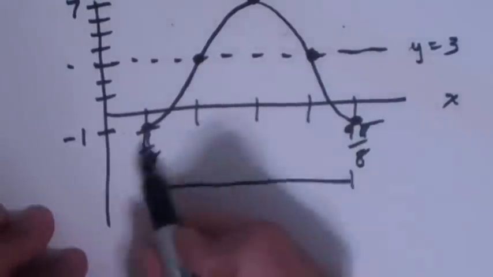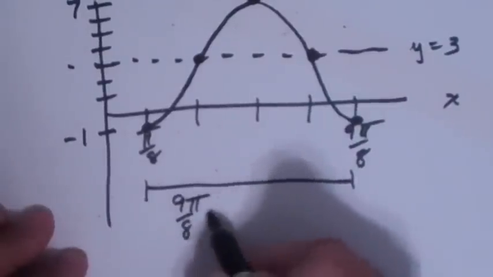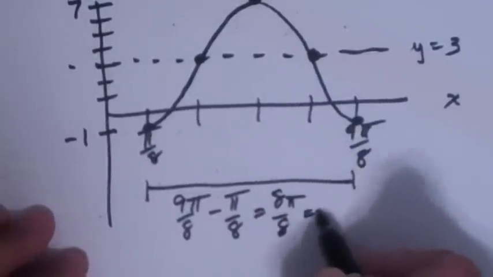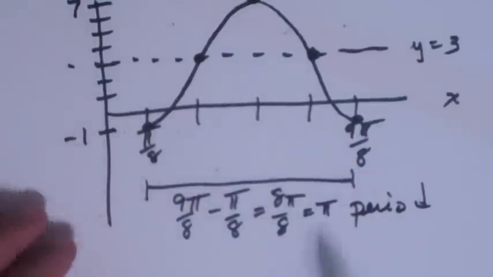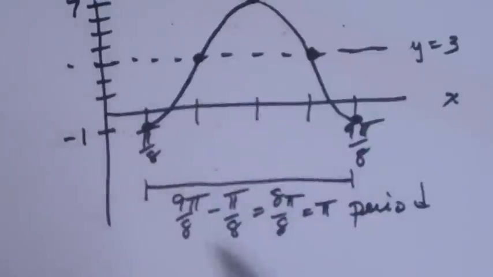So the distance here is the period. 9 pi over 8 minus pi over 8 is 8 pi over 8, or pi. That's my period. And what I want to do is take this period, or this distance, and divide it into fourths.